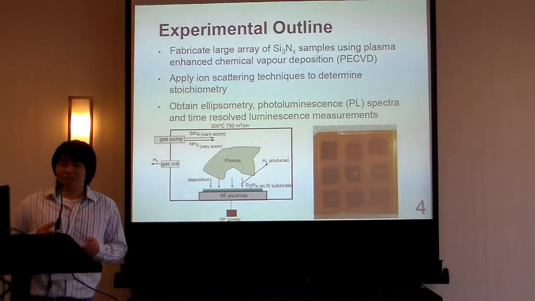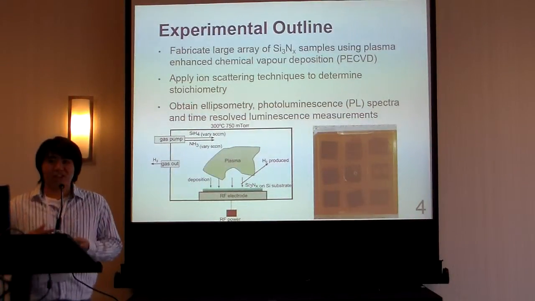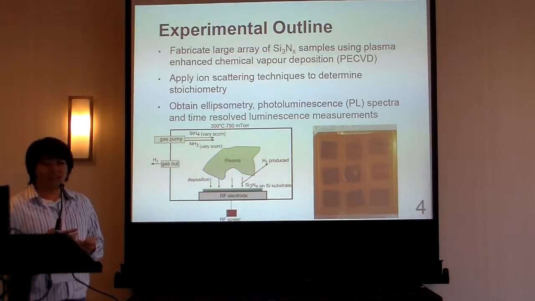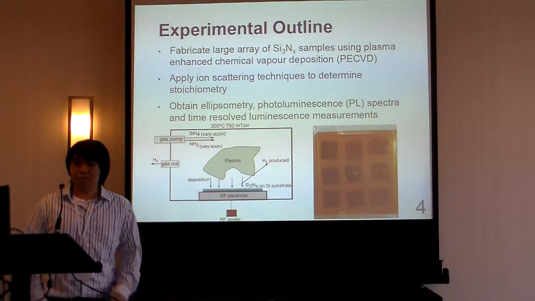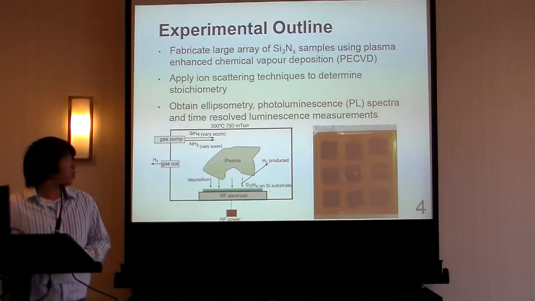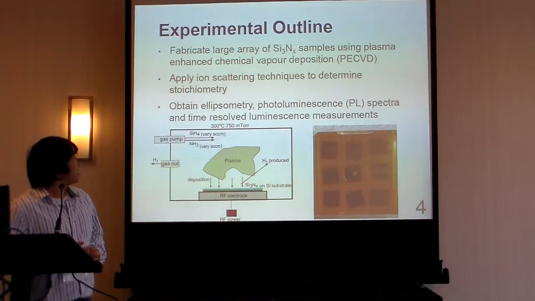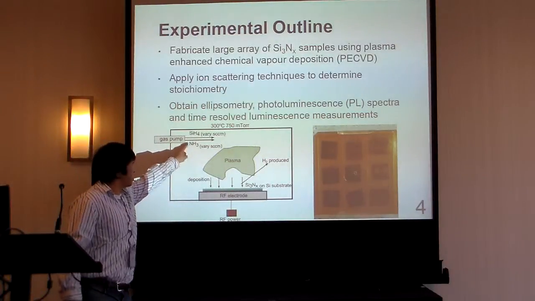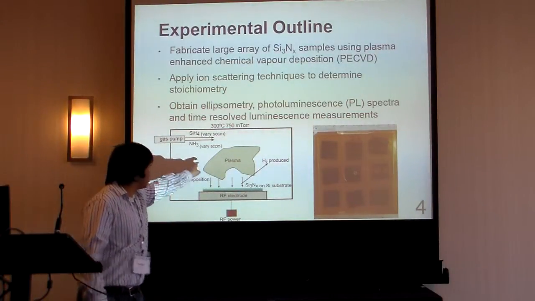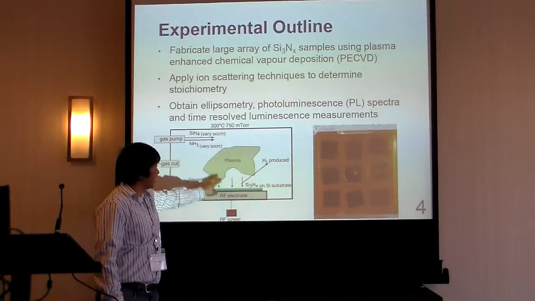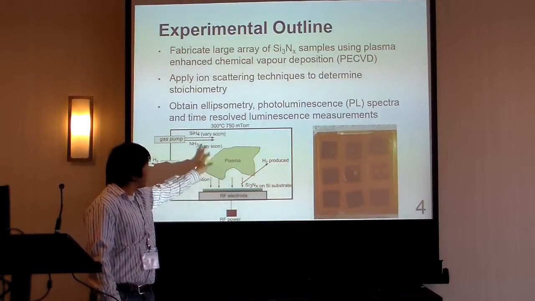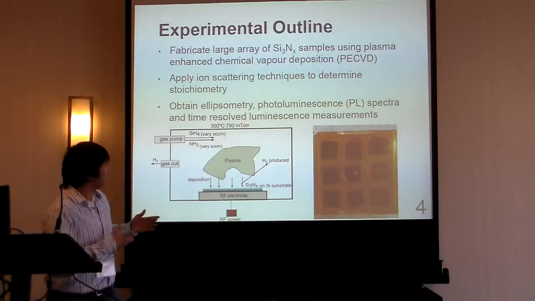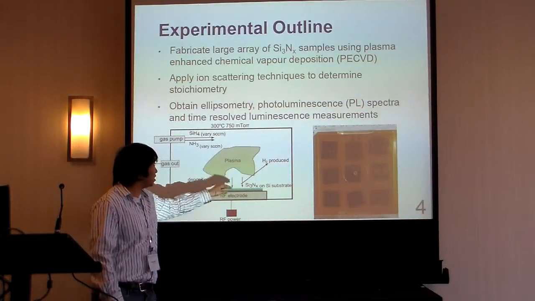So my project goal is to study the optical properties of silicon nitride that contain quantum dots. Silicon nitride can be fabricated using plasma-enhanced chemical vapor deposition. In this method, silane and ammonia gases are leaked into a deposition chamber, and electrical discharge is applied to create a plasma where the gases chemically react, and the products are deposited on the silicon wafer substrate.